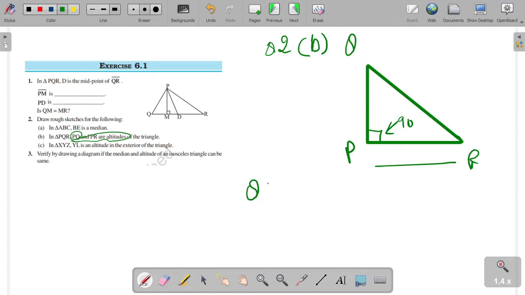Now we talk about question number 3. Verify by drawing a diagram if median, altitude of a triangle can be the same. Let me draw once again.